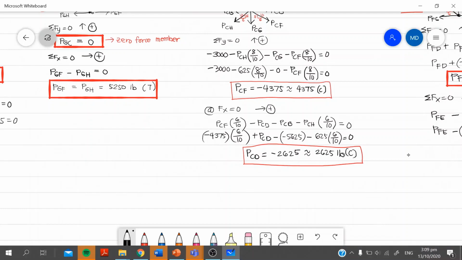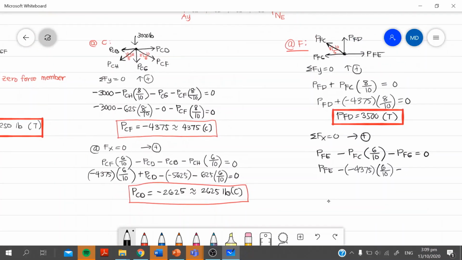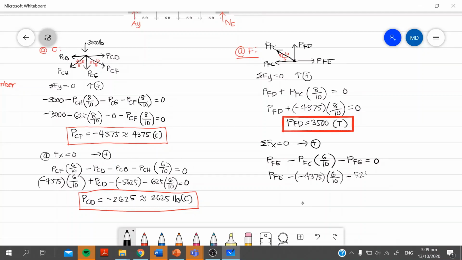Force GF is 5250. FG or GF, they are the same. So, positive 2625. So, tension. Okay.